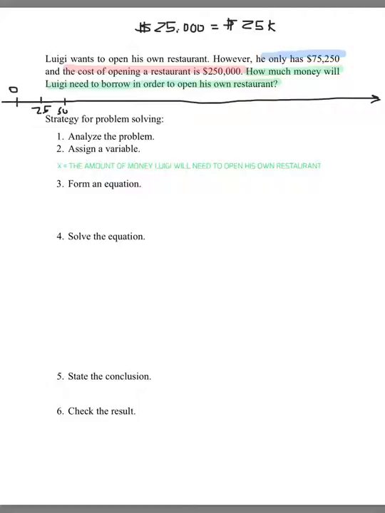50K, 75K, 100K, 125K, and then we'll make 150, 175, 200, 225K, and then 250K, and then we'll go up to 300K.